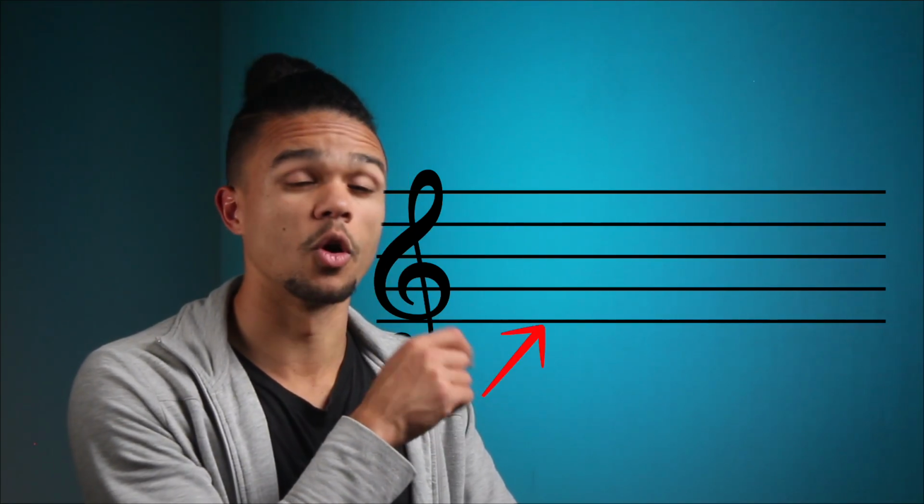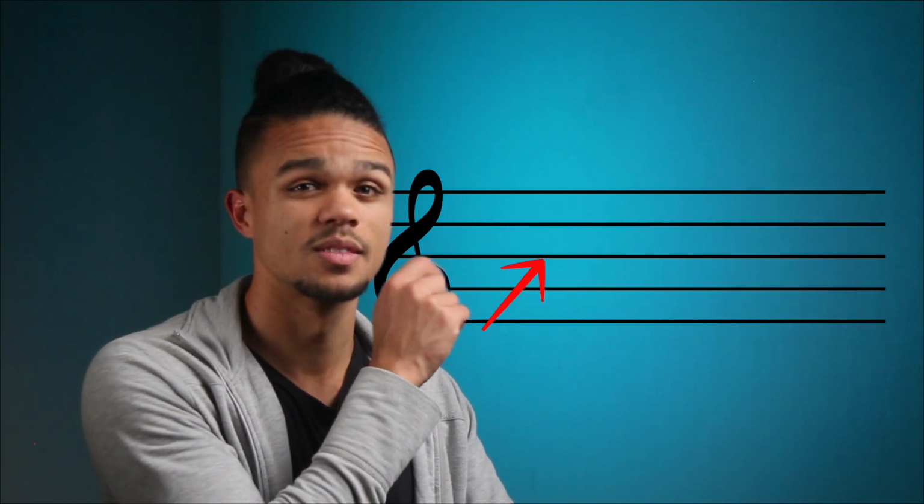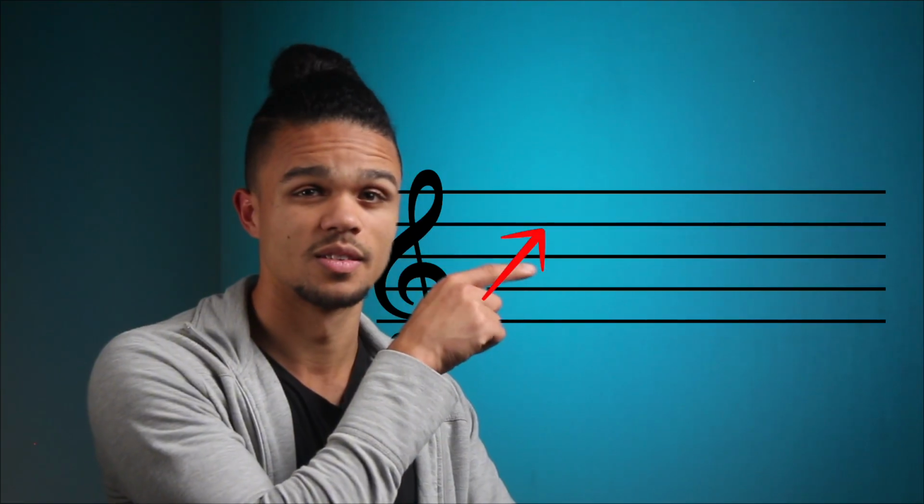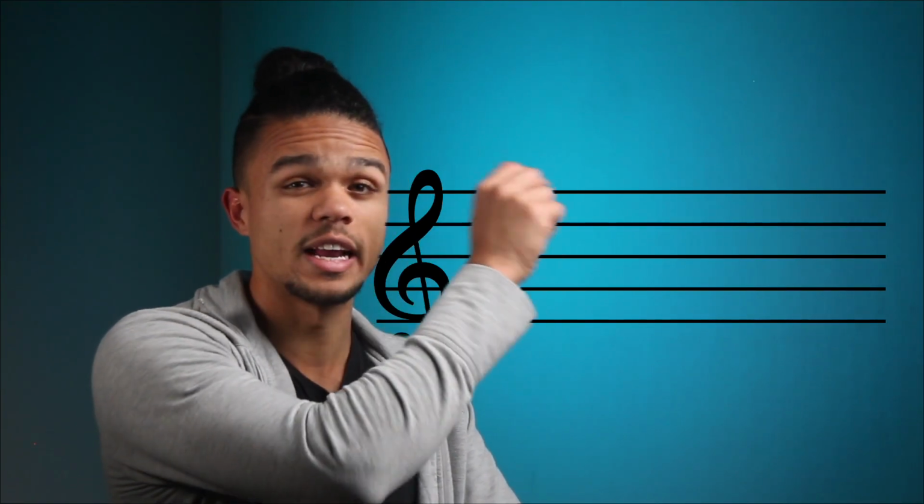Let's do that again together. Now from line number 5, let's take it down. Line number 5, line number 4, line number 3, line number 2, line number 1. As long as you remember that the bottom line is line number 1 and the top line is line number 5, you're going to be good.